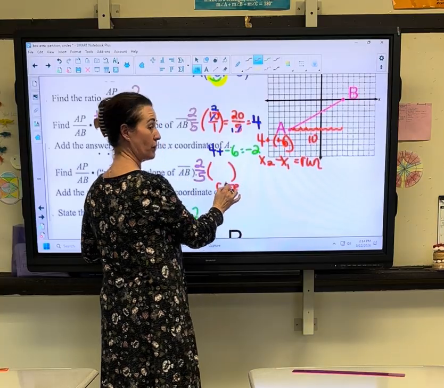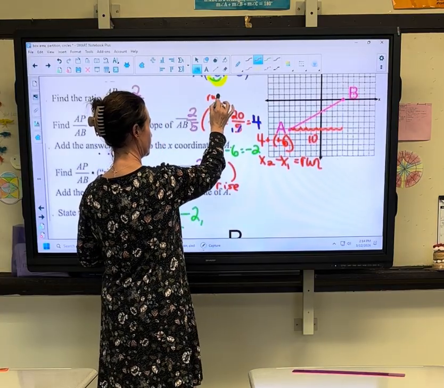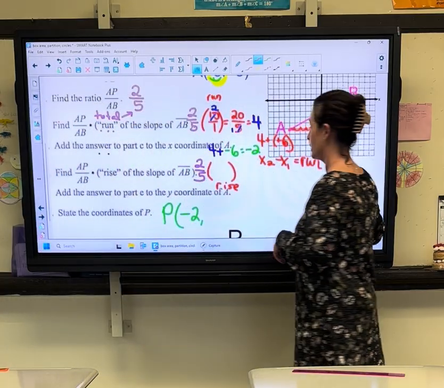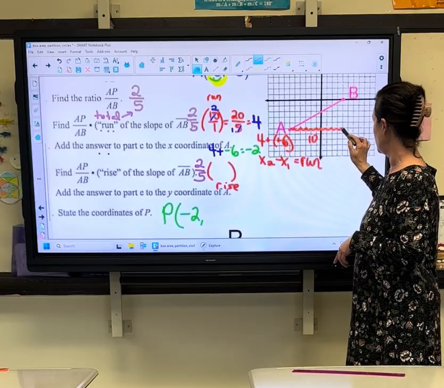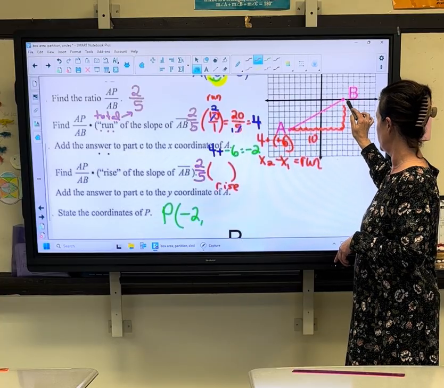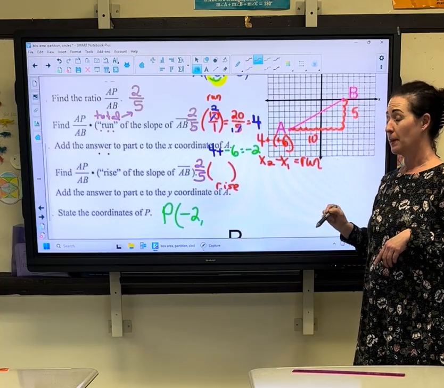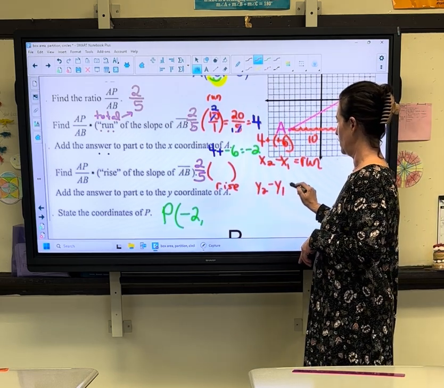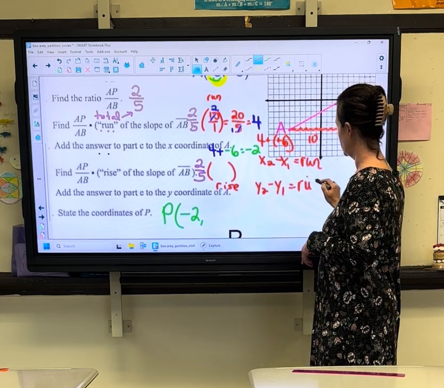That was my rise, this was my run. How many units am I rising up? If you want to do it graphically, I'm rising up 1, 2, 3, 4, 5. Or mathematically, I can also do y2 minus y1 for my rise.